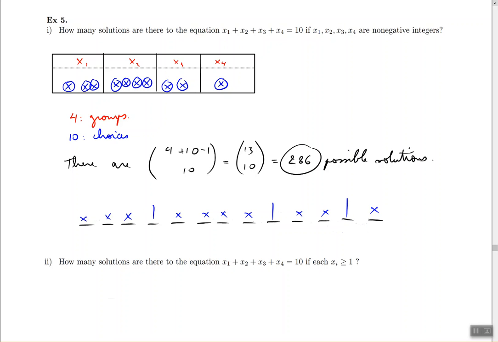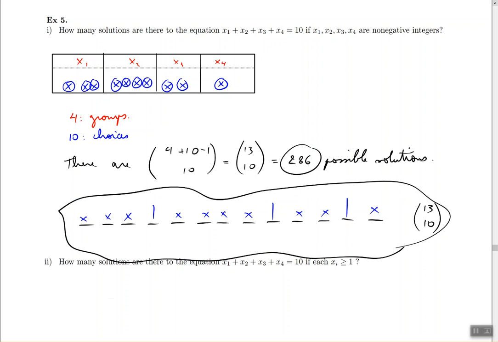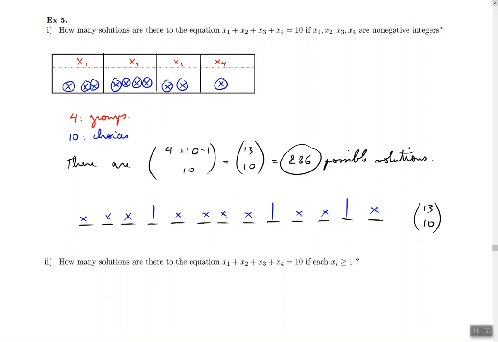So basically, I had to pick where to put all the x's, and I start off with 13 positions. I had to figure out where to put 10 x's in 13 different positions, and that's equivalent to that formula. So when I do it this way, it's doing it from the perspective of section 9.5 that we did previously.